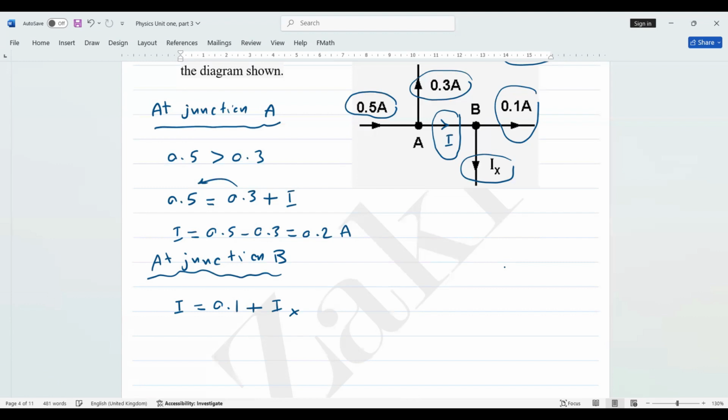From the first step, we found I is 0.2. Then 0.2 equals 0.1 plus Ix. Shift 0.1 to the other side, then Ix equals 0.2 minus 0.1, which equals 0.1 ampere. Okay, so all of this part is about Kirchhoff's first law.